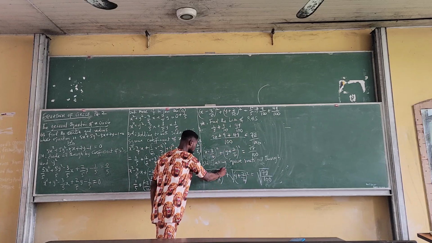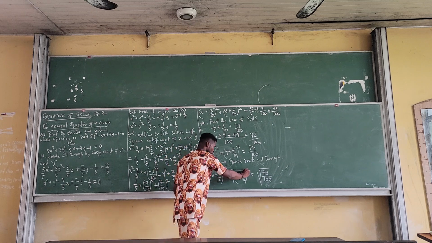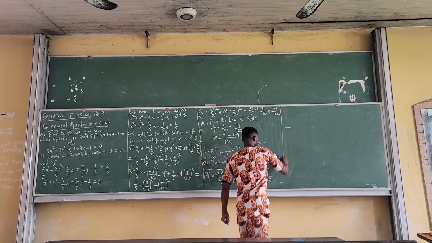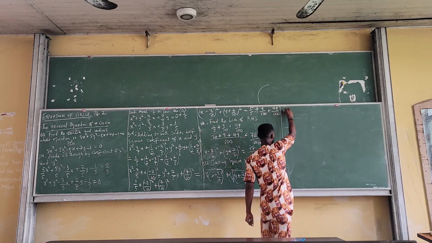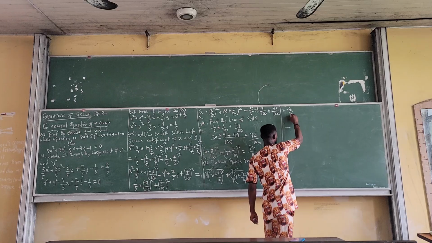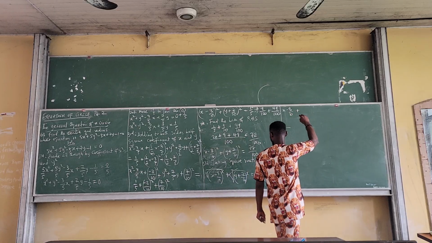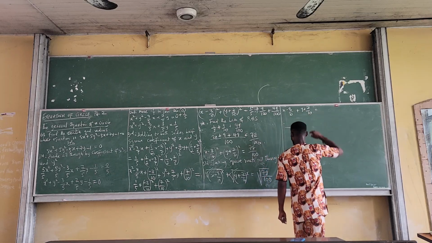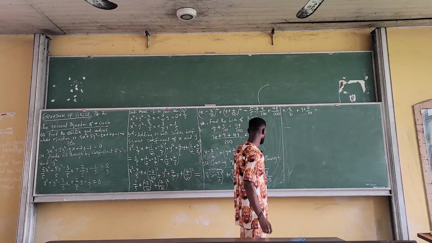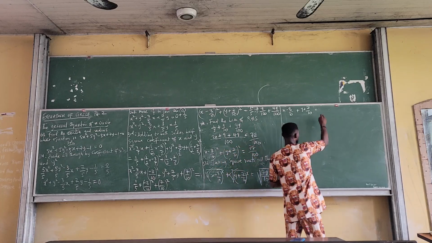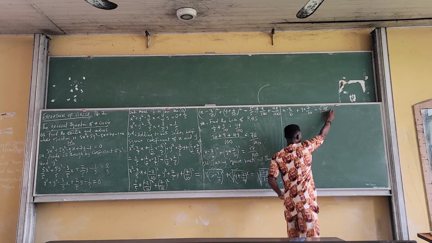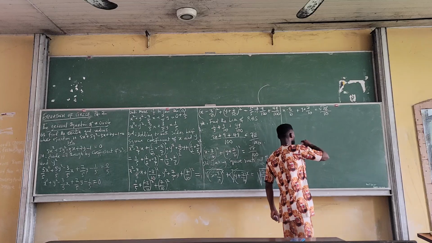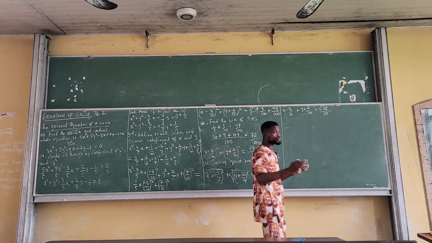So this square can cancel this square root and this square can cancel this square root. So we have x minus 3 over 10 plus y plus 7 over 10 is equal to square root of 78 over square root of 100, which is 10. We have 10.